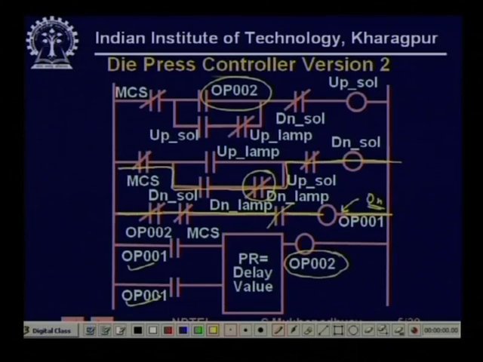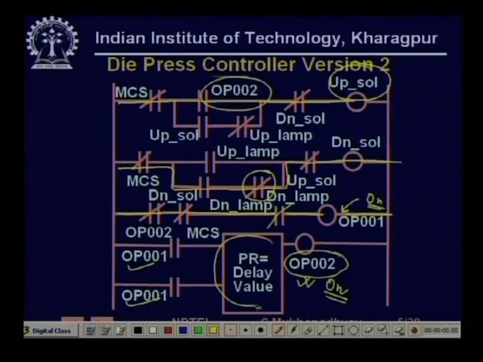After a delay, OP002 becomes on. When this becomes on, there is a direct path to this, and the up solenoid becomes on. And when the up solenoid becomes on, the usual operation starts.